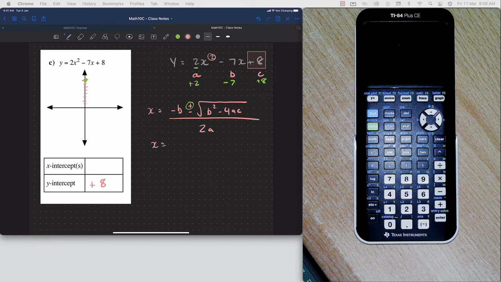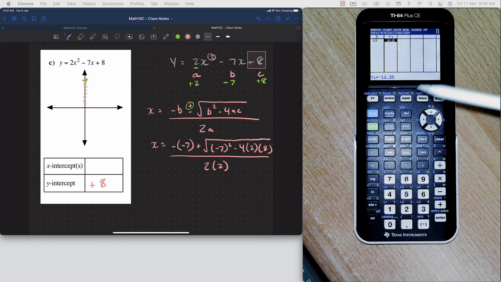So x equals a negative 7, which is a positive 7, plus the square root of b squared, which is a negative 7 squared, minus 4 times a, which is 2, times c, which is 8, and all of that is going to be divided by 2 times a, which happens to be 2, and now you just need to punch that in the calculator.